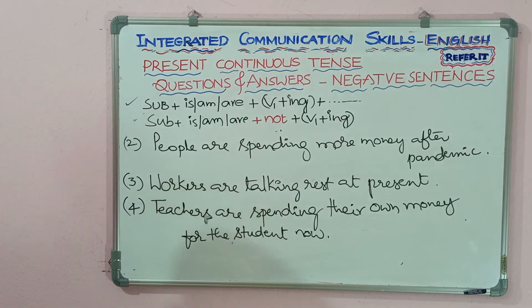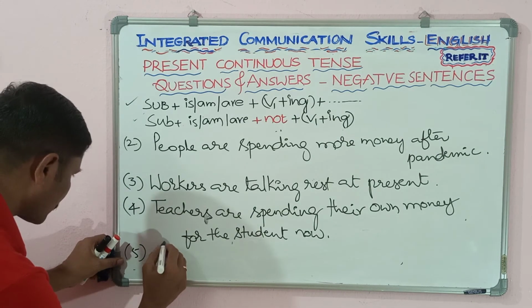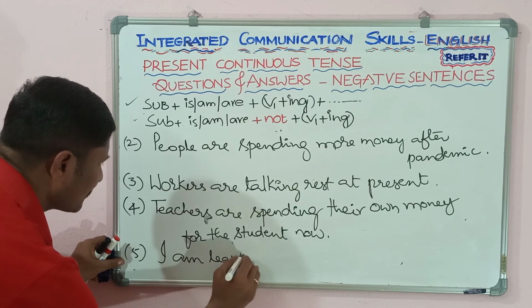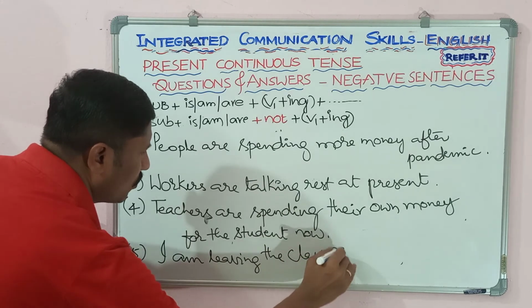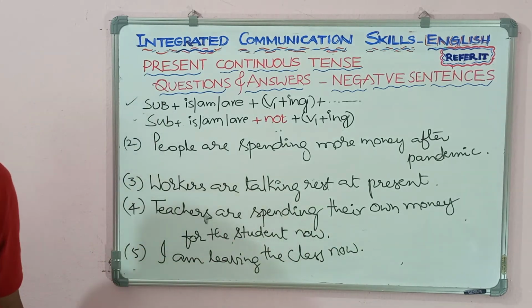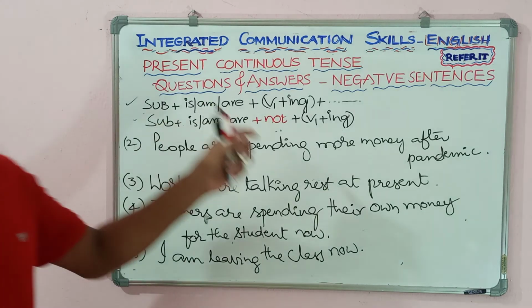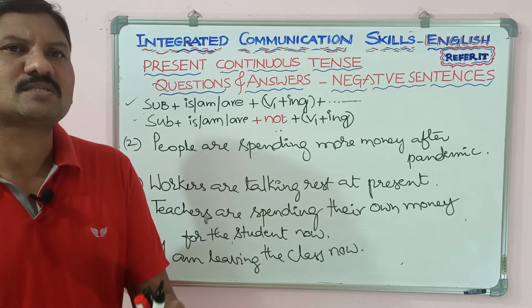So this is the fourth sentence. And the last and fifth sentence is: I am leaving the class now. So this is the fifth sentence. So these are the 5 sentences. We have to write answers for them.